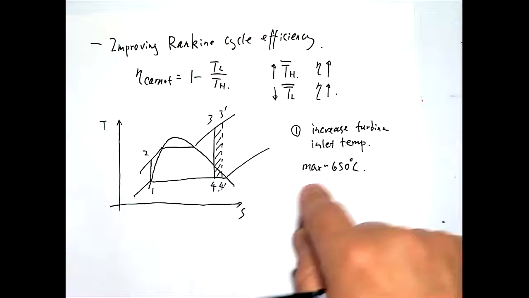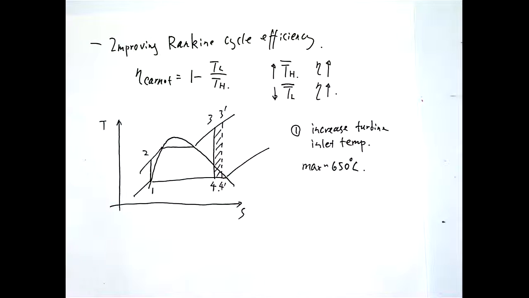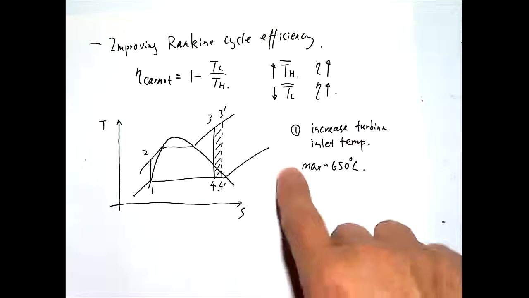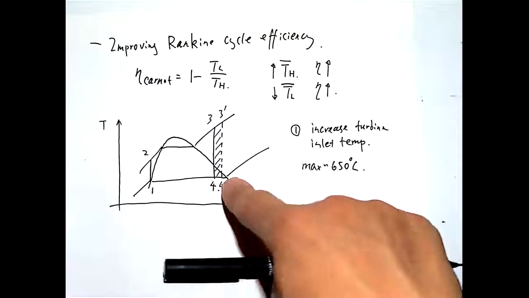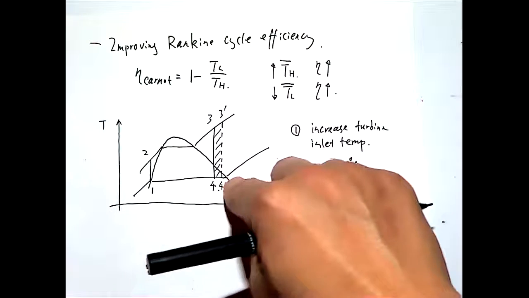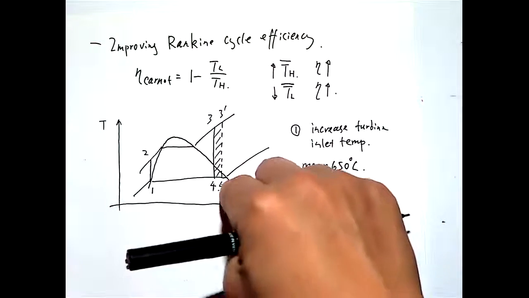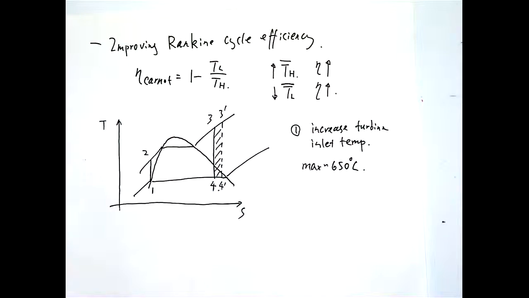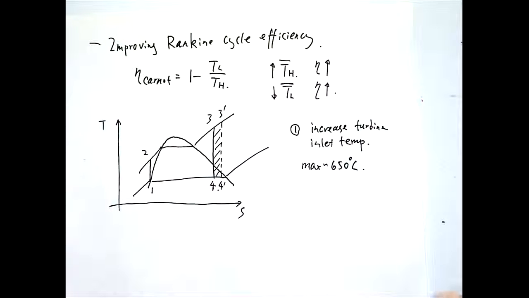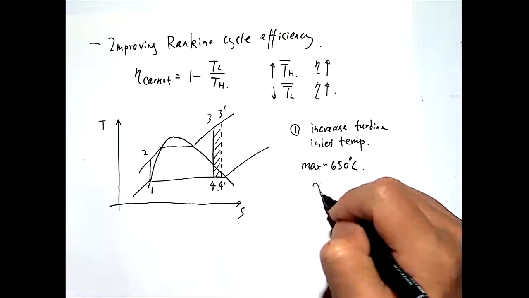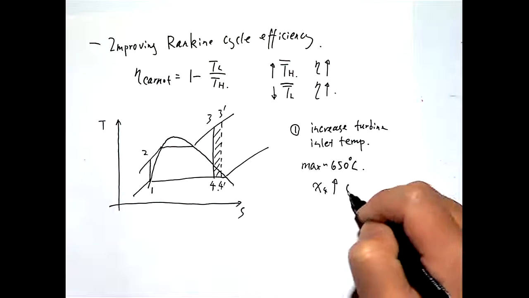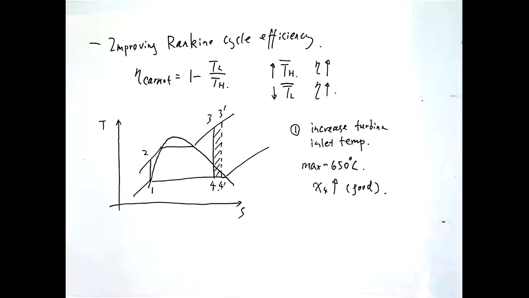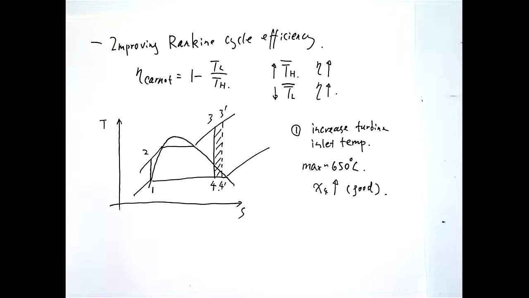It will be higher quality. When you move the state to the right, you're closer to the dome, directly on the dome here corresponding to the quality of 1, right? So when you increase the temperature, you shift this turbine line to the right, you increase the steam quality, which is a beneficial thing for the steam turbine to work. So X4 increased, which is good. It's a useful thing.